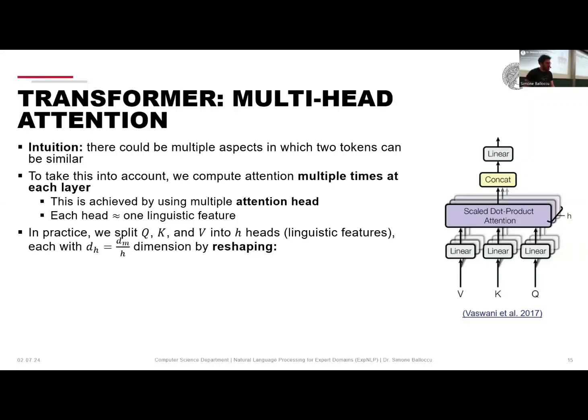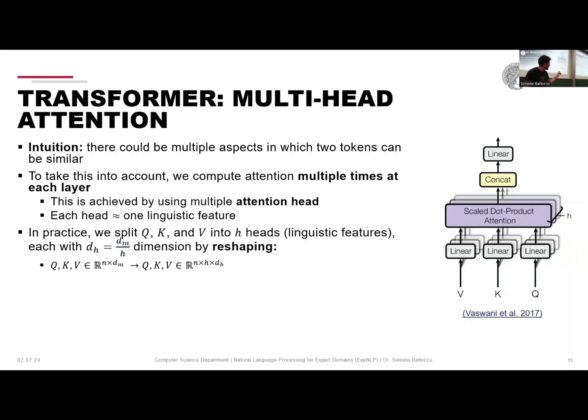In practice, we get our matrices K, Q, and V already after the linear projection, keep in mind the capitalization. We split it into H heads, which are linguistic features, and each head has a dimension which is dictated by the split.